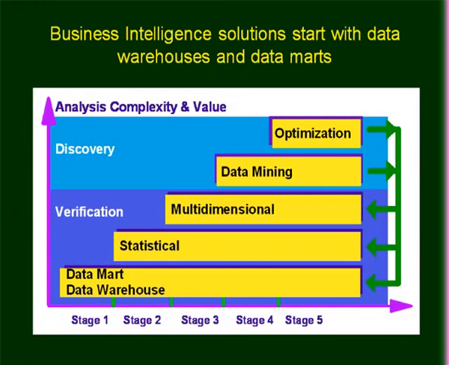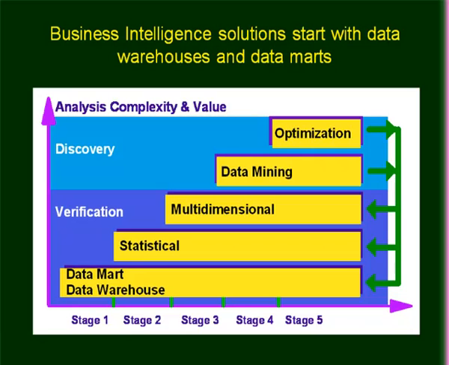There are different stages. In stage 1, we use the concept of data warehouse and data mart to build the repository. Stage 2 applies some statistical methods and multidimensional modeling, data mining, optimization. They all proceed later.